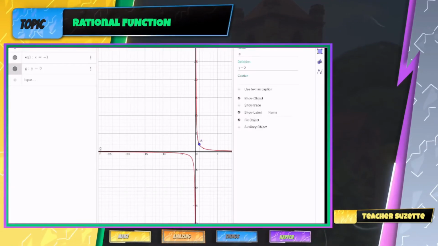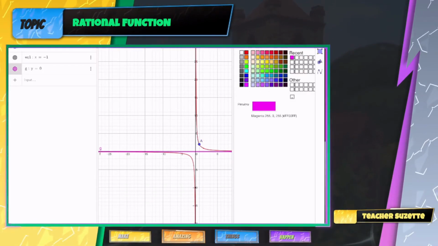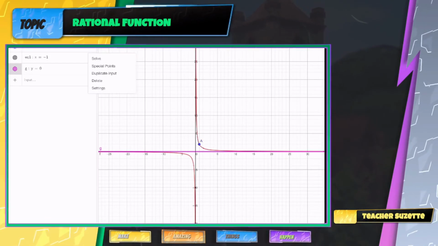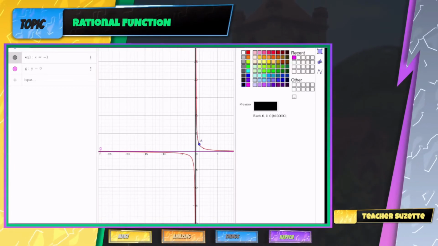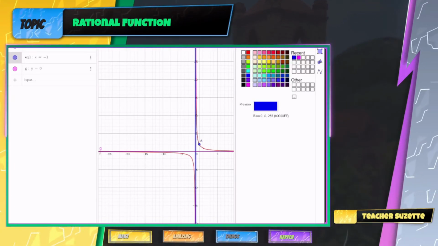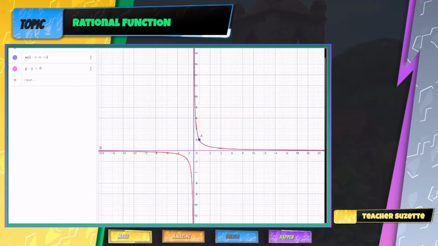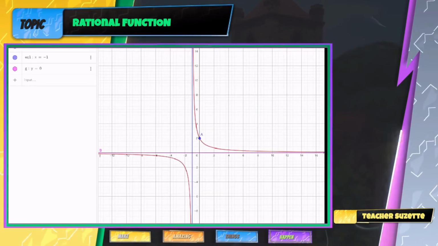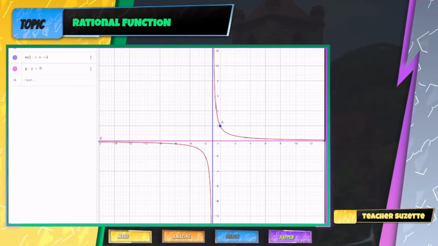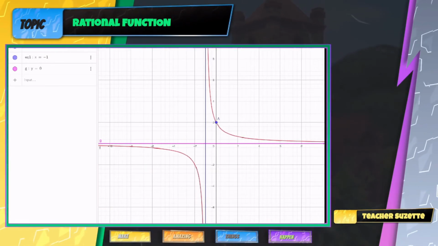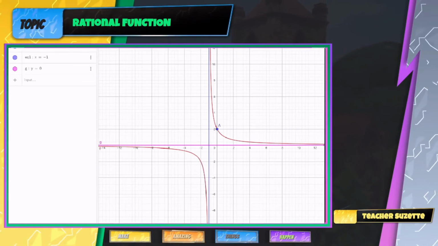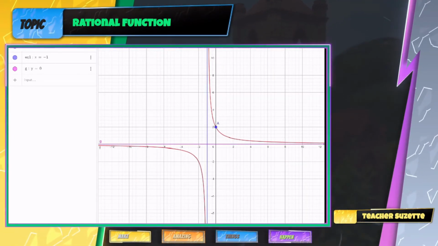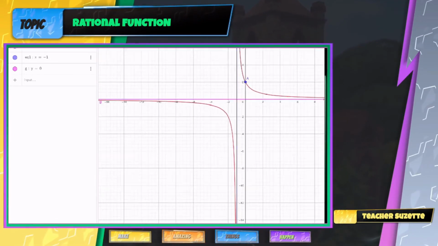Let's set its colors, say violet. When we zoom in, you can see that at 0, 2 the graph passes through, and the behavior we assigned in our table of values is correct.